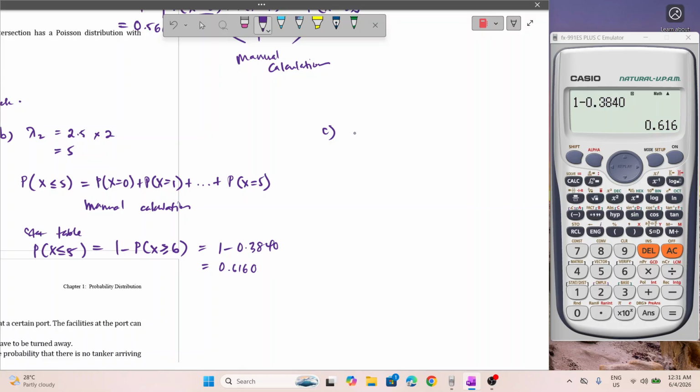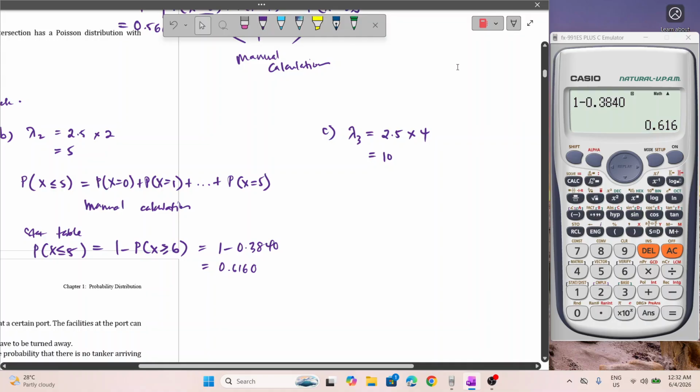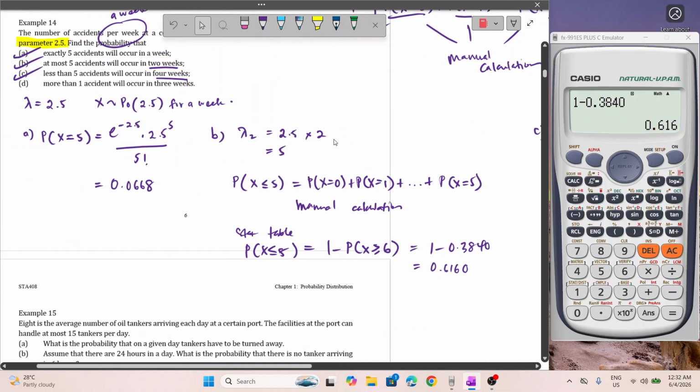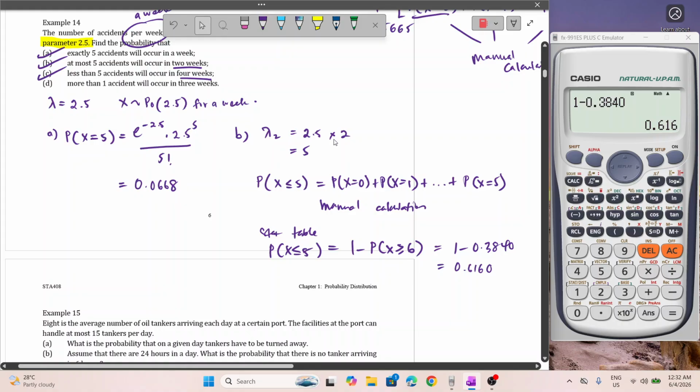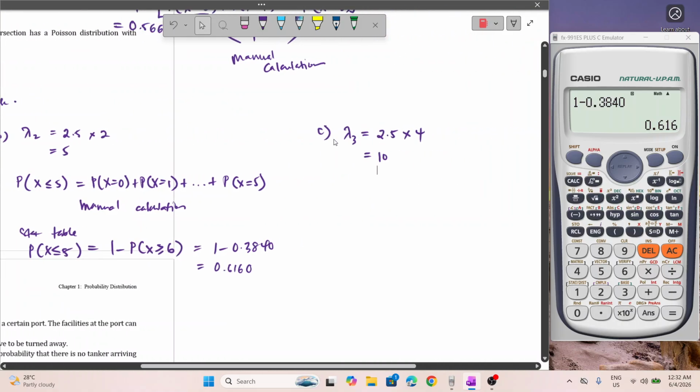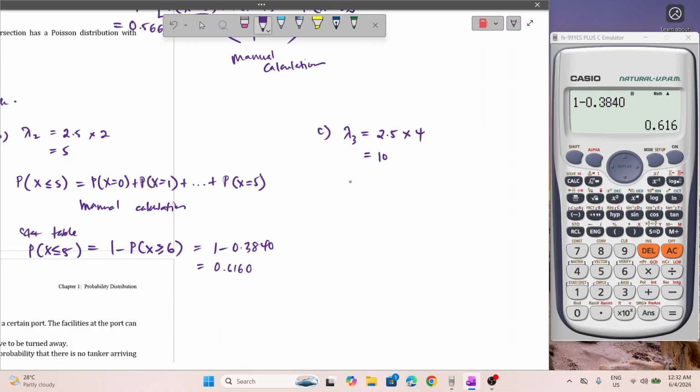So let's say the new lambda is lambda 3, 2.5 times 4 weeks, so it is equal to 10. And the question is again, less than 5 accidents will occur. So you want to find the probability of x less than 5.